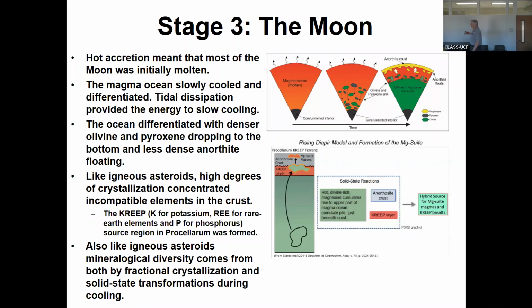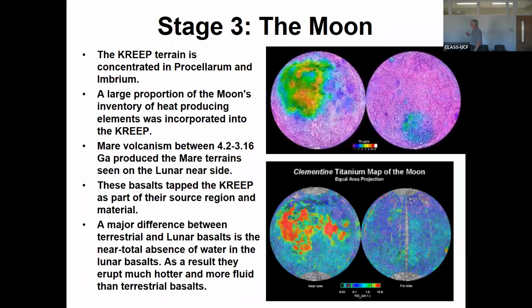Also, just like in the igneous asteroids, you get mineralogical diversity from both fractional crystallization and solid state transformations during cooling. And so the KREEP terrain is concentrated in Procellarum and Imbrium. The stuff is there basically because this is a source region for subsequent basalts.